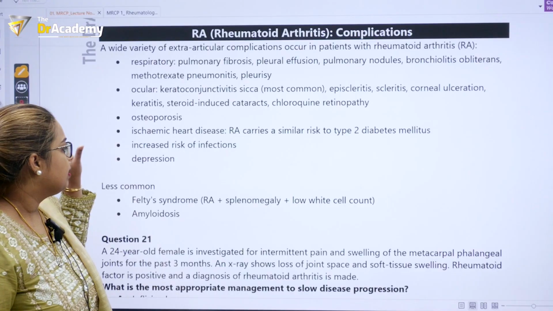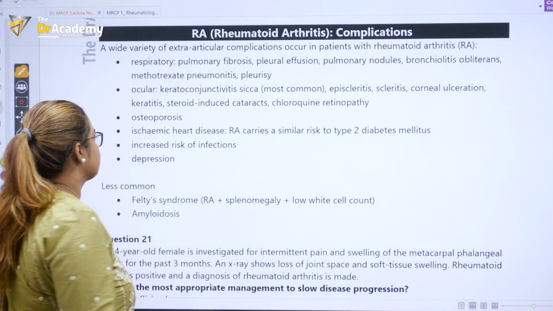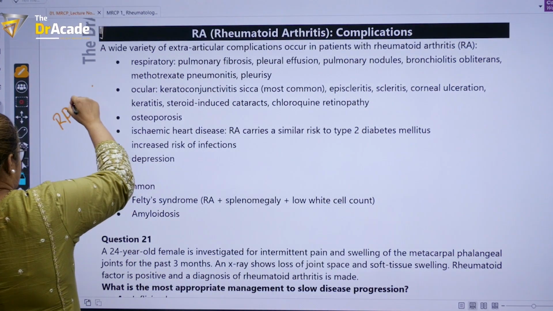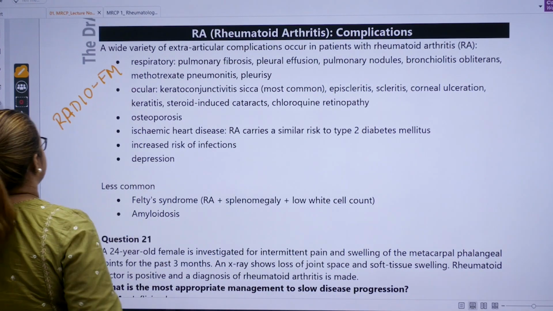Now just remember the names of the rheumatoid arthritis complications. Here you can write a mnemonic, that is RIO FM.